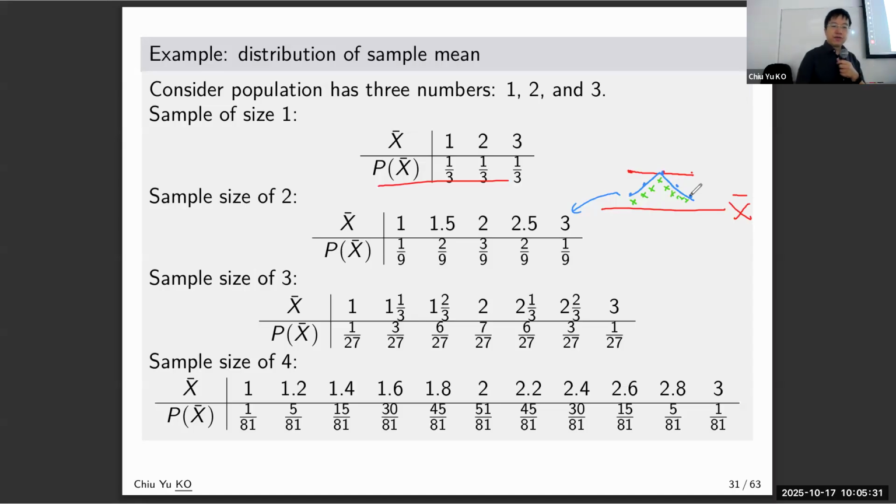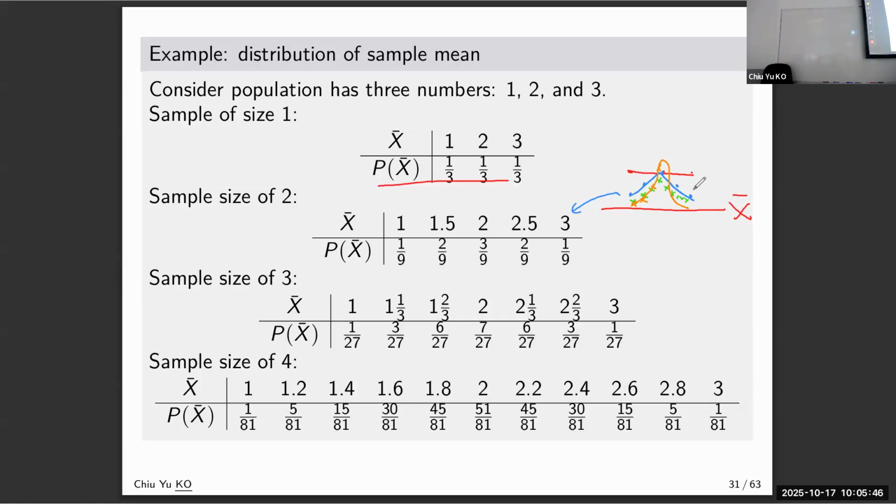Then you go to four, you'll get something like this as well. And you can imagine if you do more, it will be very close to the bell curve.